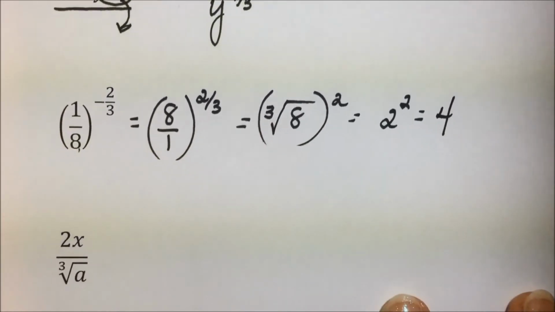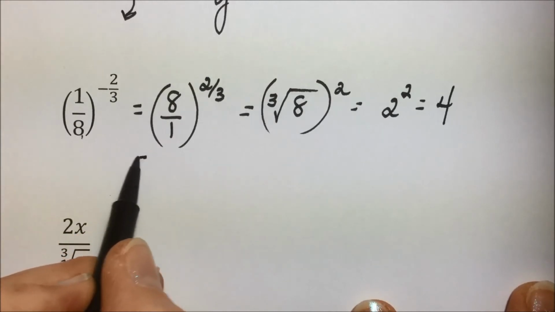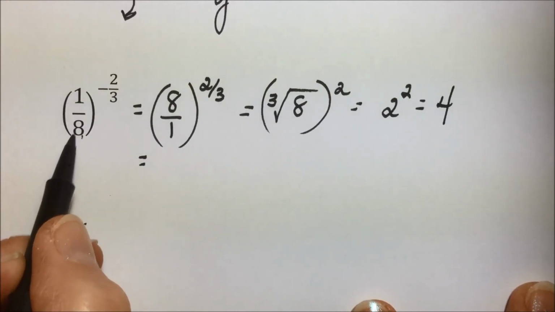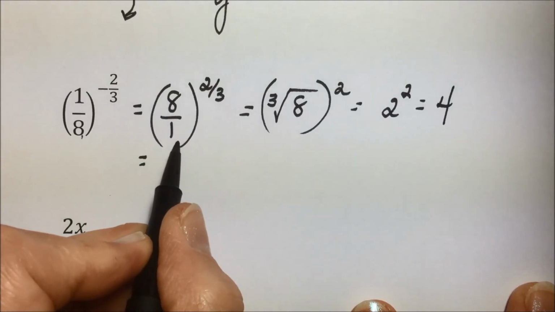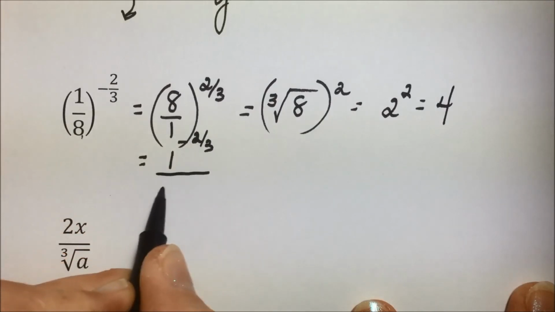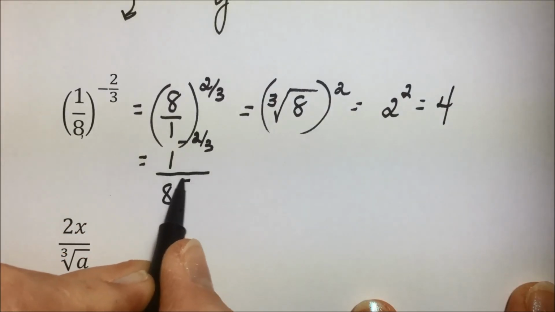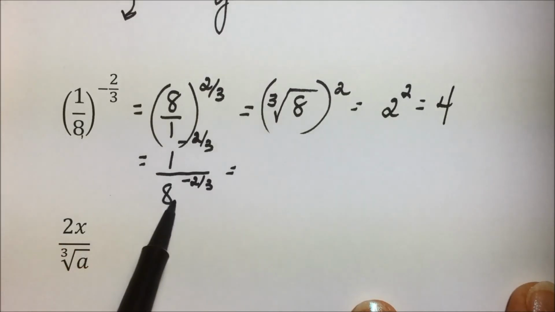Just to show you how this property works as a shortcut, we have a fraction raised to a fractional power, which means the numerator is 1 to the negative 2/3 power, and the denominator is 8 to the negative 2/3 power. We don't want negative exponents.